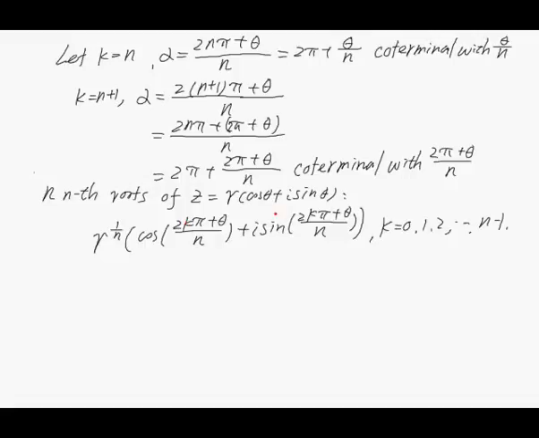Actually, you can verify and see if the nth power of this nth root can give you the original complex number. Okay, let's take the nth power of this number.